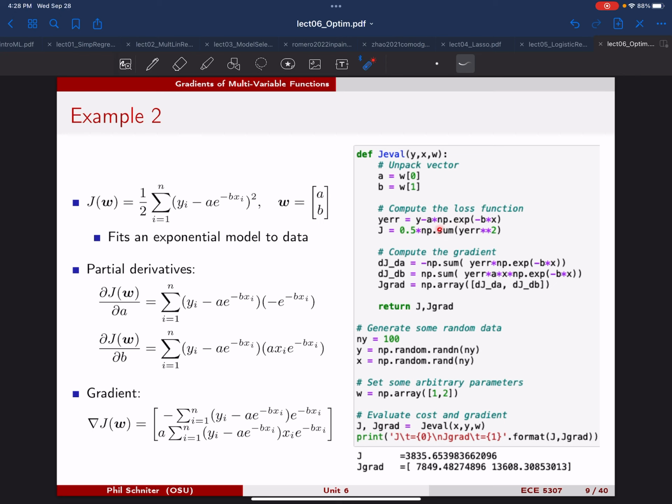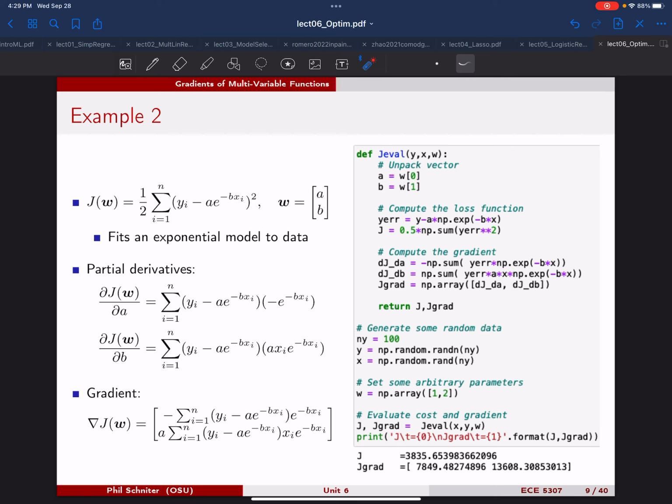When it does this exponent, it's smart enough to know that b is a scalar and x is a vector, so we can do that. When it takes the exponential, it takes it element-wise in that vector and returns a whole vector of these terms. Then it multiplies them by a and so on. So NumPy has the ability to be smart with processing of vectors and matrices this way.